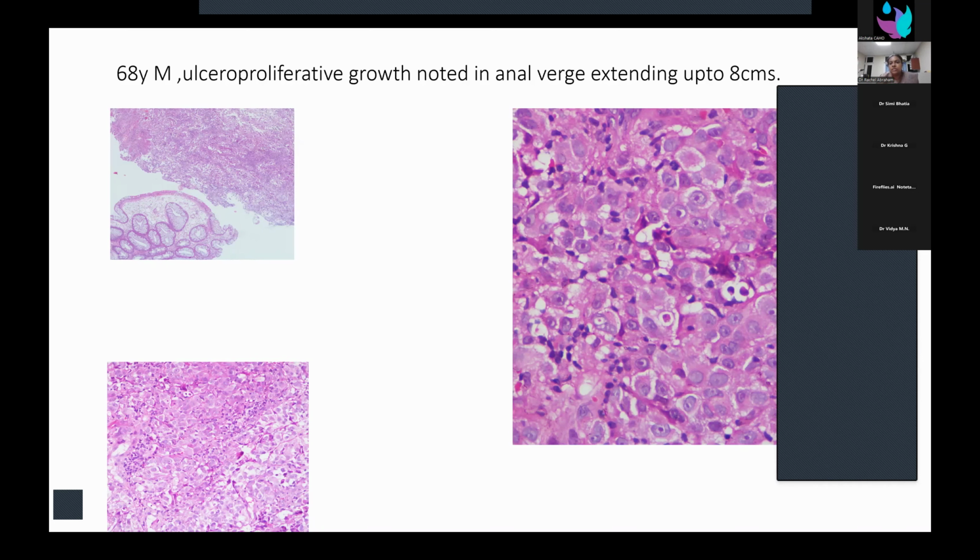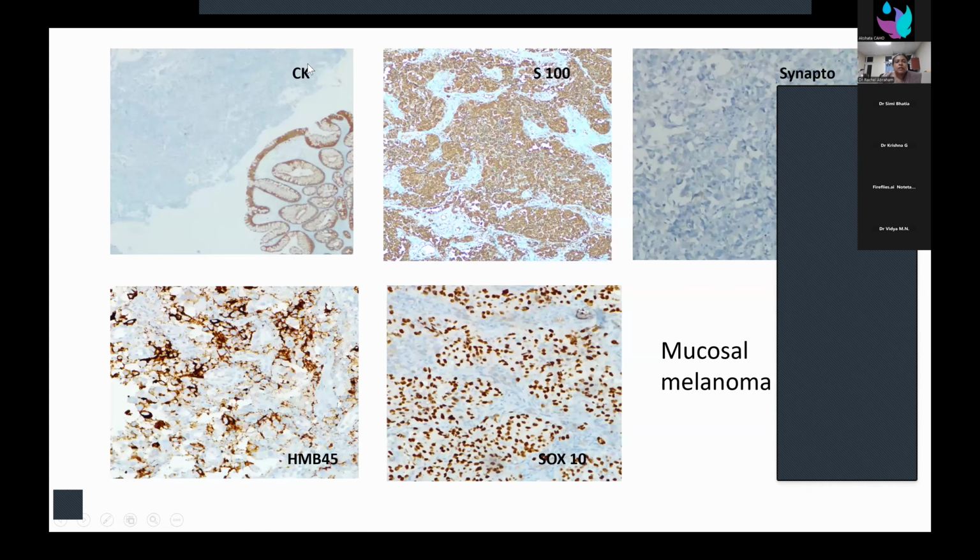Because of this morphology, we suspected a melanoma, but even on searching, we could not find any pigment. So anyway, with the three differentials in our mind, we did an IHC. Here is the colonic mucosa, which is a positive internal control for the pancytokeratin.